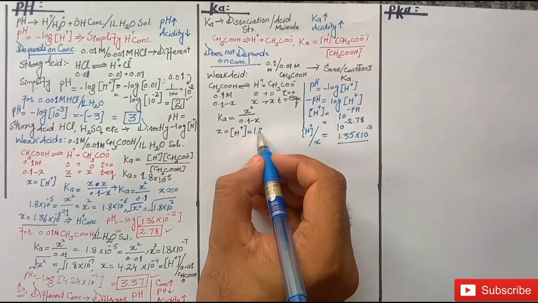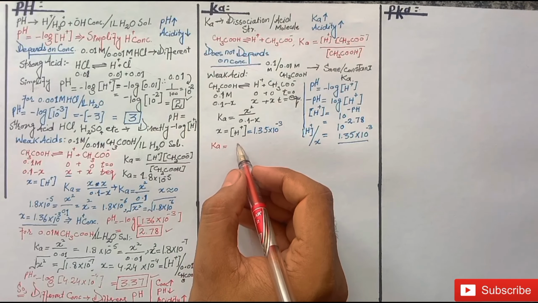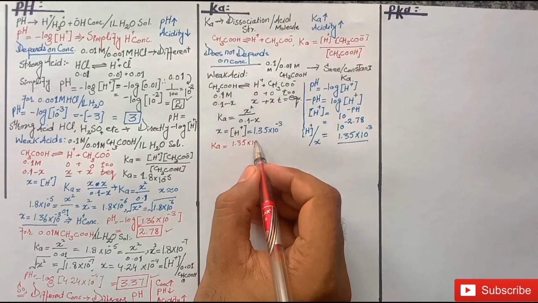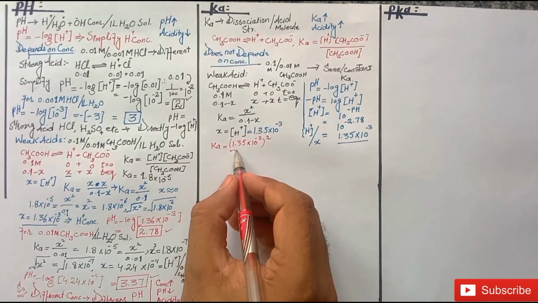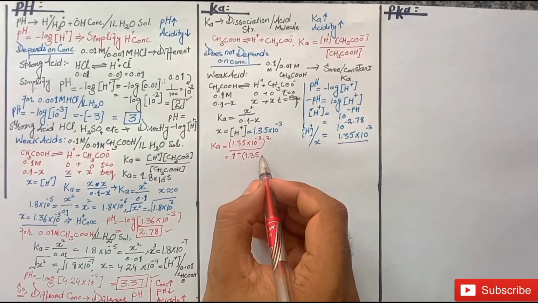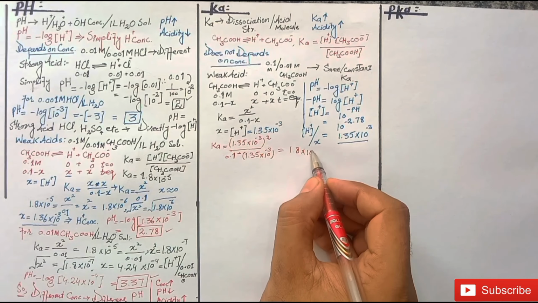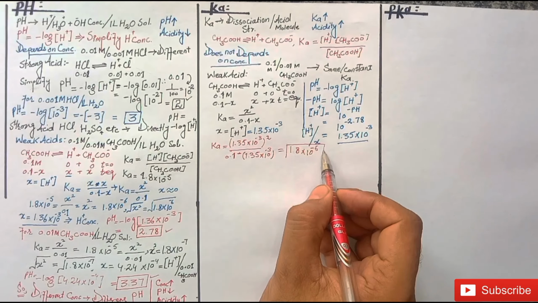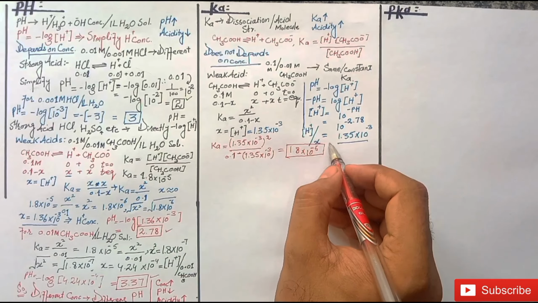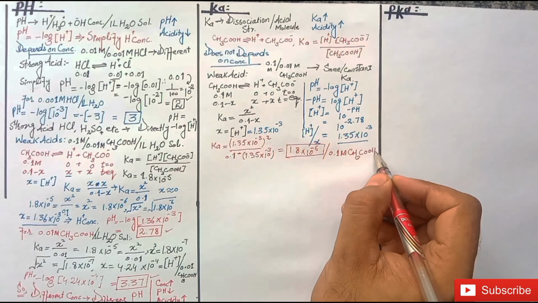Now by simply adding the value of X, the concentration of hydrogen ions, we can find out the value of Ka. By solving this equation, we find the value of Ka, which is 1.8 cross 10 power minus 5. This is the Ka value of 0.1 molar acetic acid in 1 liter aqueous solution.